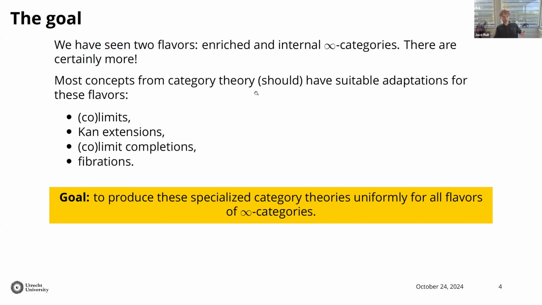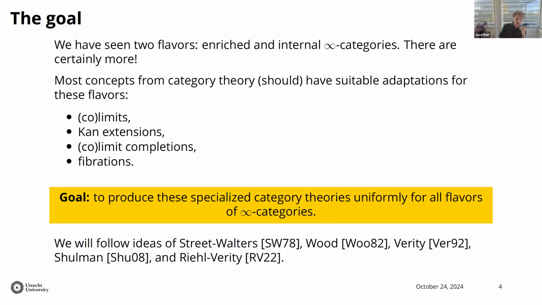Right, so the goal of this talk is to produce these specialized category theories in a uniform way for all these flavors of infinity categories. And we will use double infinity categories to do this. And well, I'm certainly indebted to many category theorists.